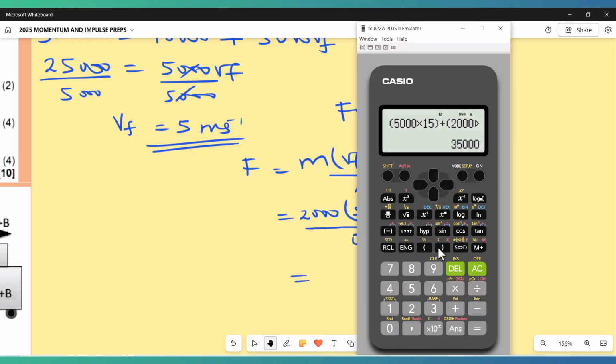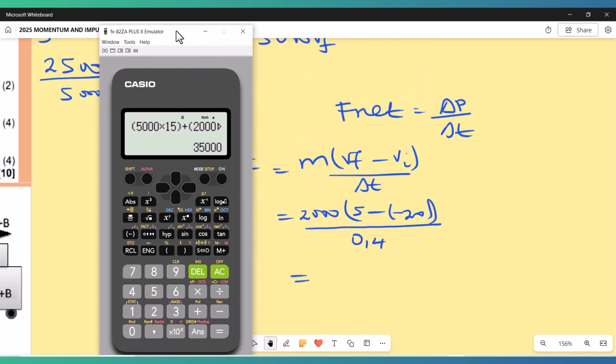Let's check it out here. So this time we have 2000 multiplied by, open bracket, this is actually 25, then divided by 0.4.